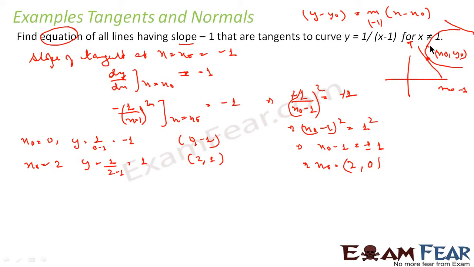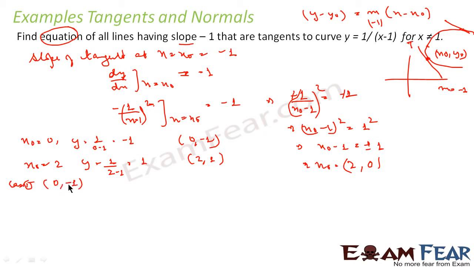Now I have to find the equations of these tangents. Correct? Since there are two places at which we have two different tangents for which the slope is -1, there will be two different tangents in this answer, right? So there are two. So we'll take case 1, where my x, y is 0, -1.